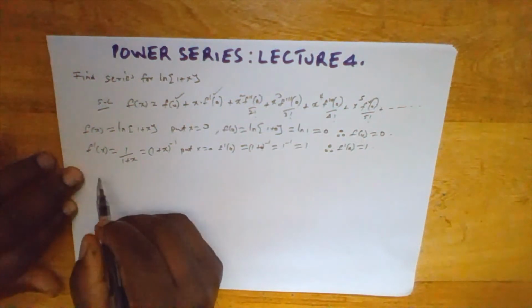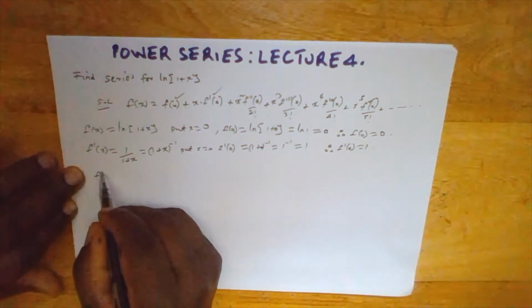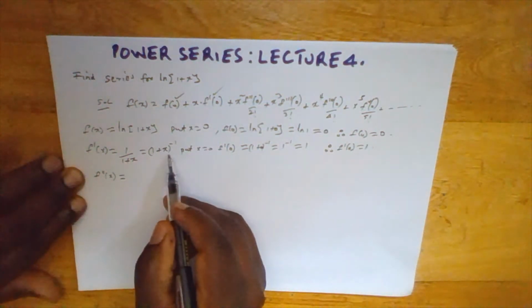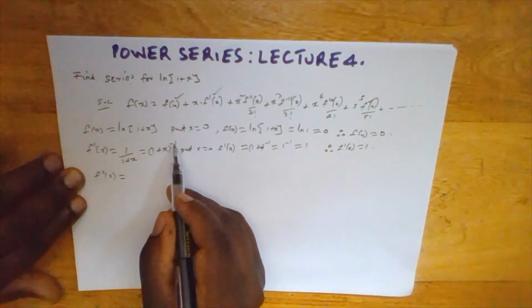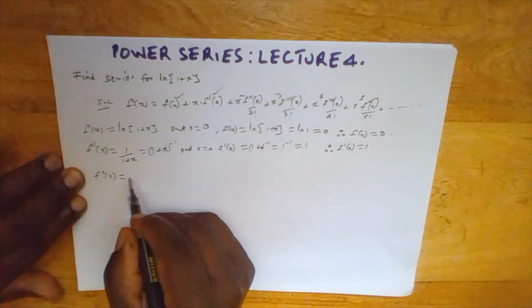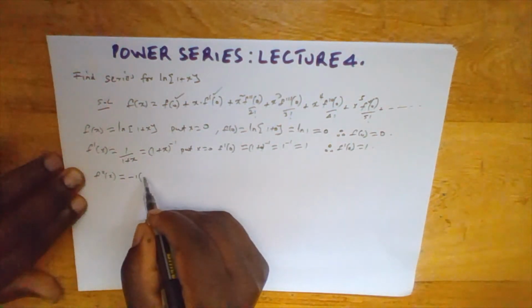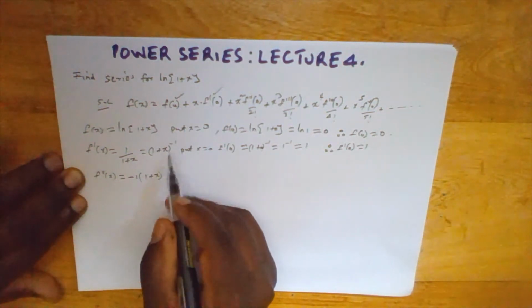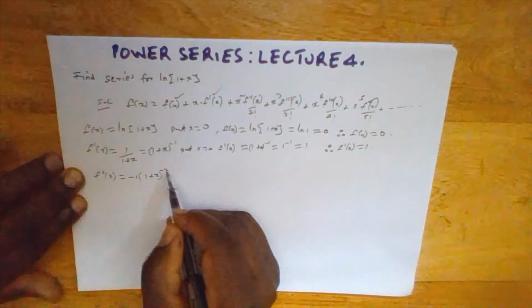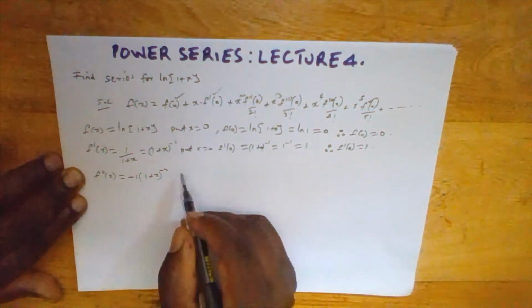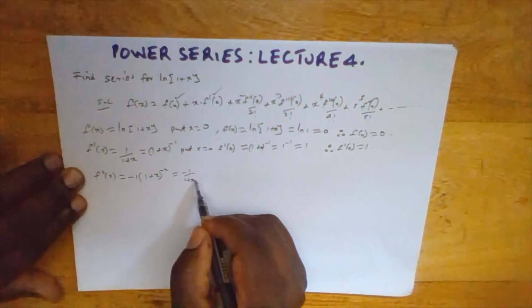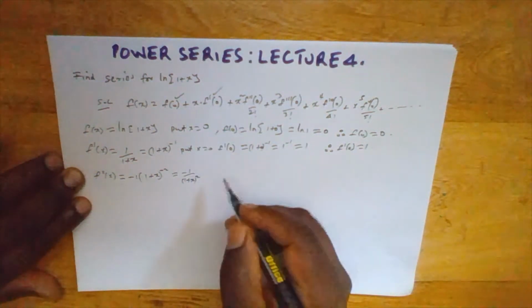Then we differentiate f prime. When you differentiate f prime, we have f double prime of x, which equals, when you differentiate this equation, we multiply by the power, which is negative 1. So it is negative 1 into 1 plus x, then the power minus 1 gives minus 2. This is the same as negative 1 all over 1 plus x raised to 2.